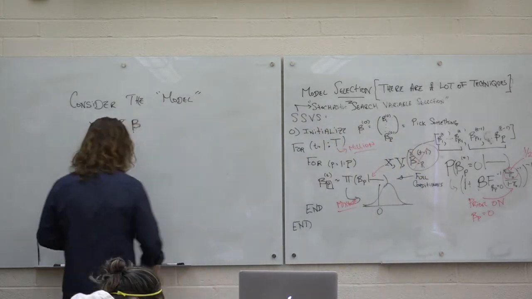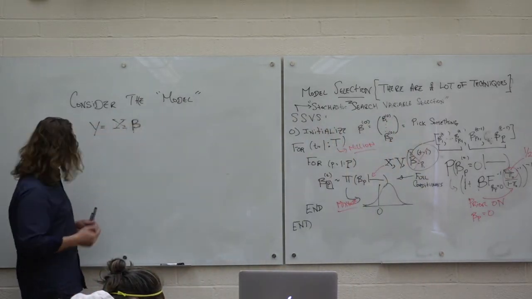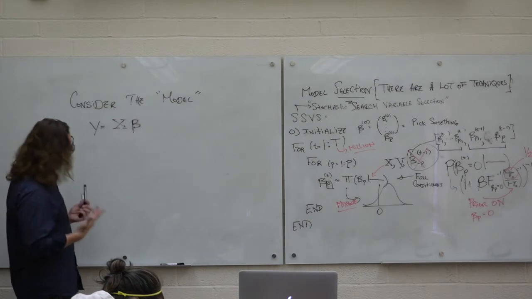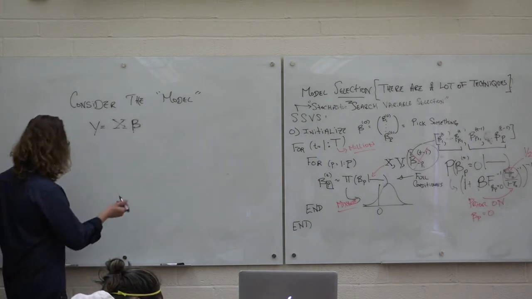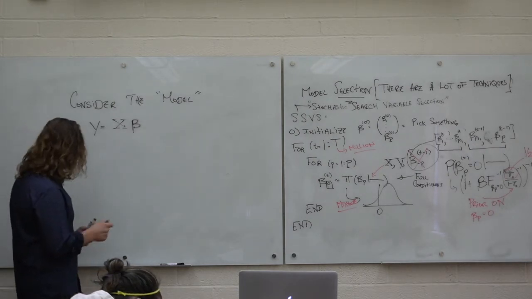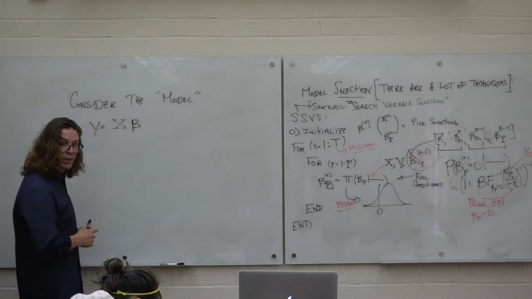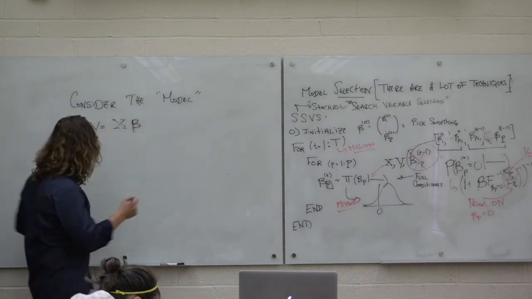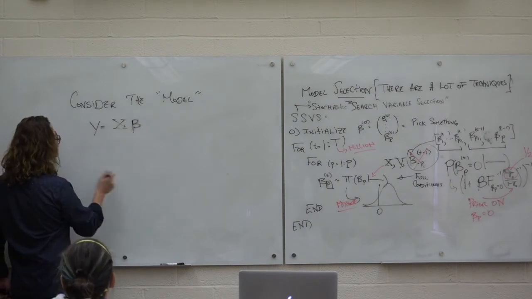Of course, if the inverse doesn't exist for x transpose x, the solution doesn't exist. People back in the 1800s were very well aware of this, and they wanted to do something. So here's a possibility.